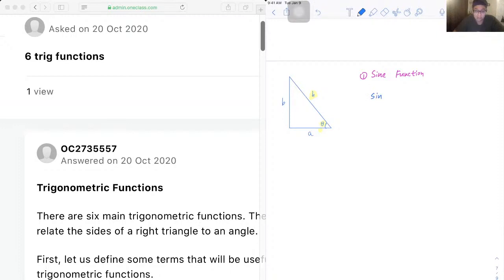We write SIN as a short symbol for sine. So sine theta, that means with respect to theta, is equal to opposite over hypotenuse, which in our case would be B over H. Okay.